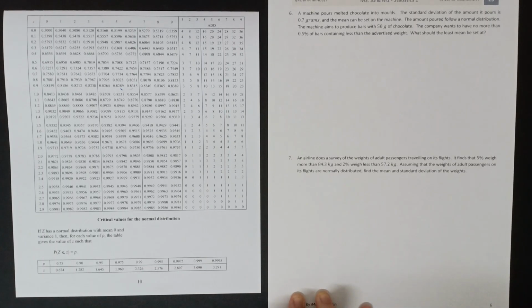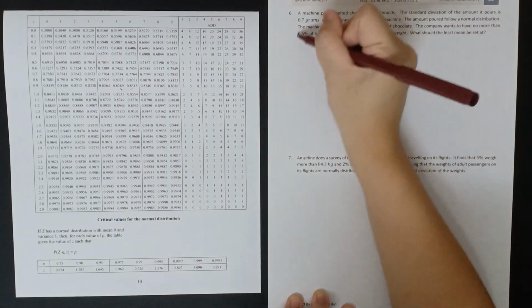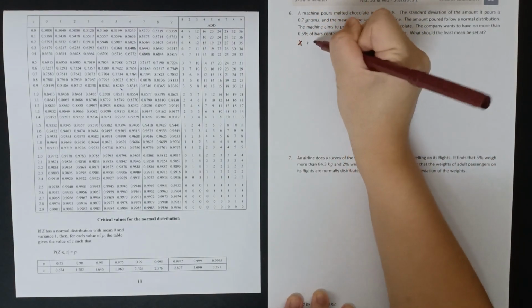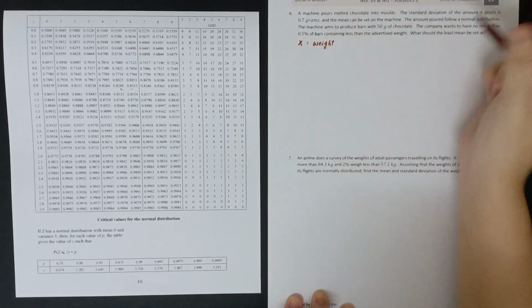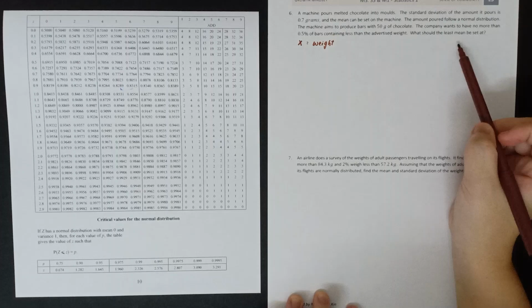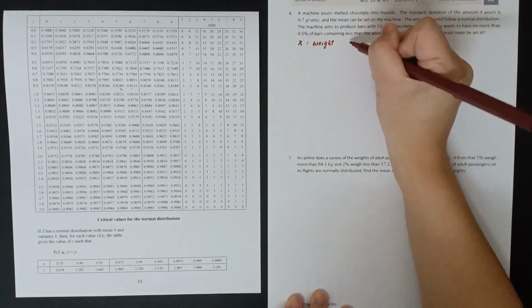Okay, so that's why in this question, the same thing, you might need to try to write out first what is meant by your random variable here. The random variable here is the weight of the chocolate. They are asking you for the mean, meaning that you do not have a mean here, so you need to find out the mean.